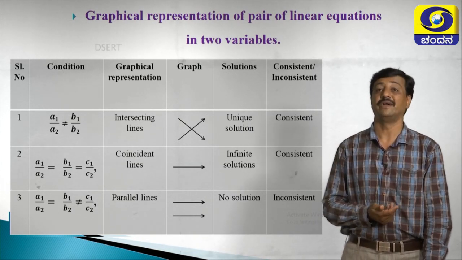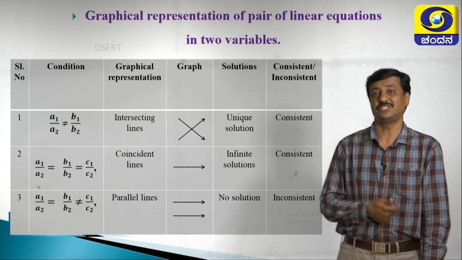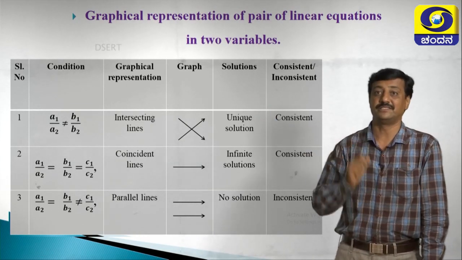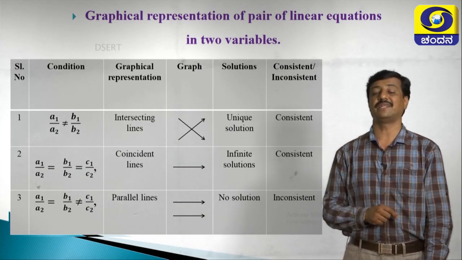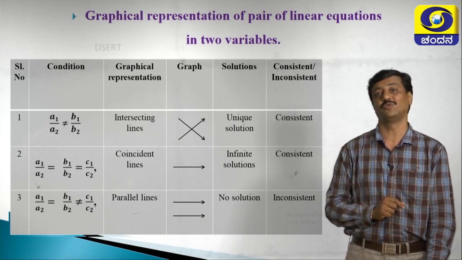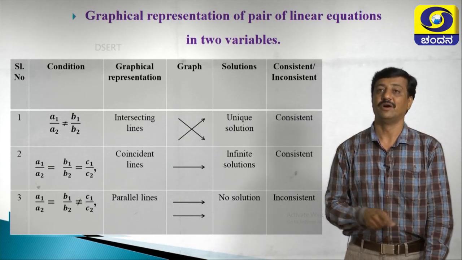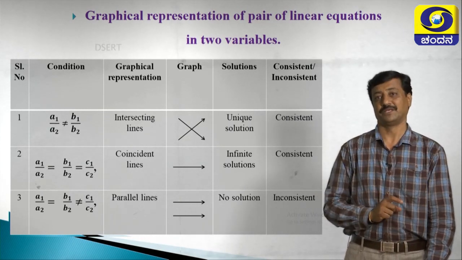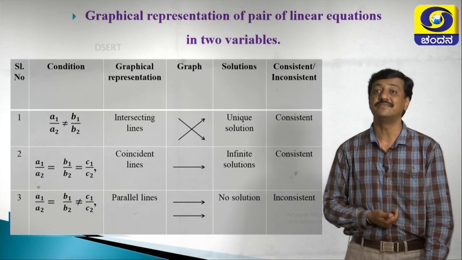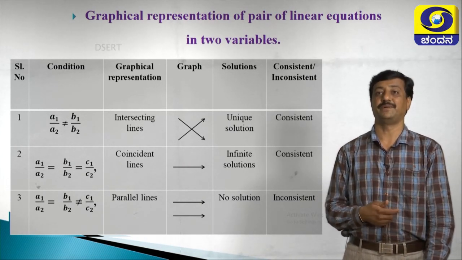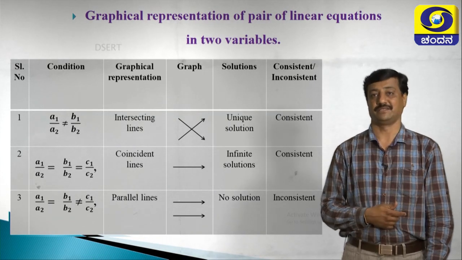The two lines intersect each other. You can see the fourth column, the lines intersect each other. If that is the case, there exists only one common point for the two lines. Hence, you will have only one solution for the pair. If there exists a solution, then the pair is a consistent pair.